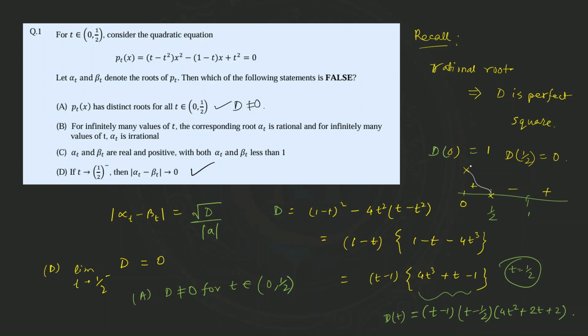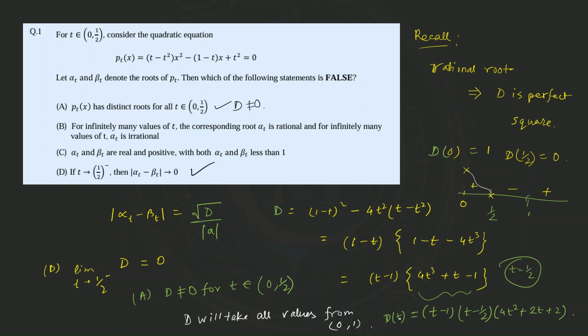So if there is a point f of alpha and a point f of beta, then from alpha to beta, if f is a continuous function, f(x) should cross all the in-between points. This is the result of the intermediate value theorem. So we can say this d will take all values from 0 to 1, right?